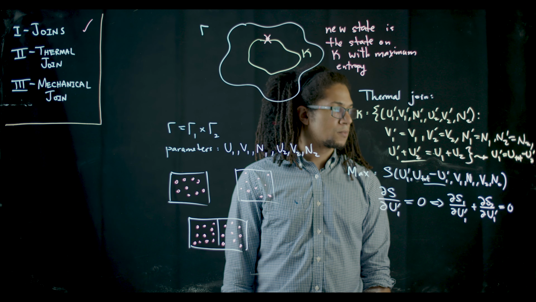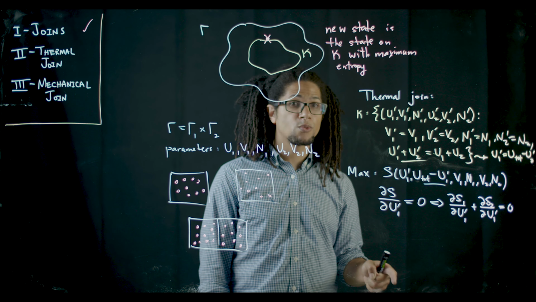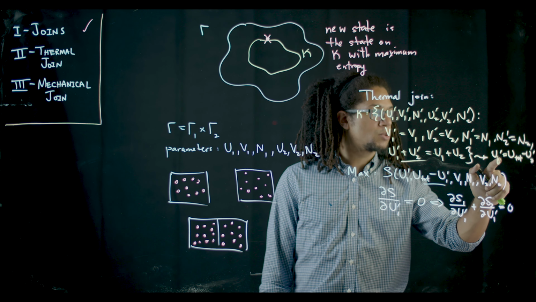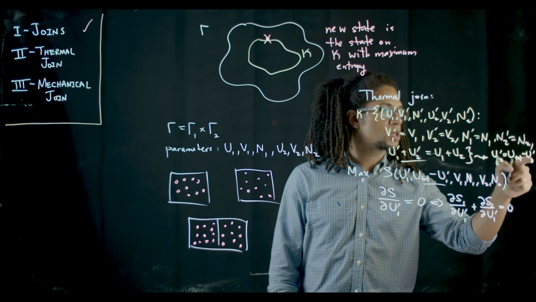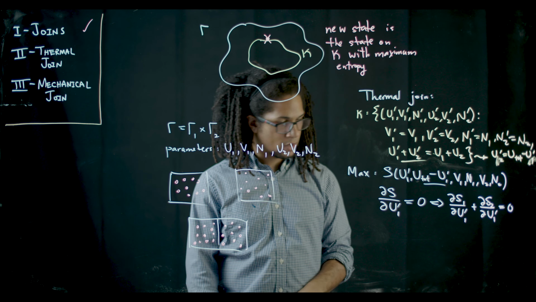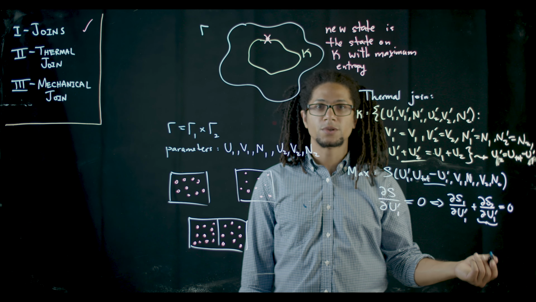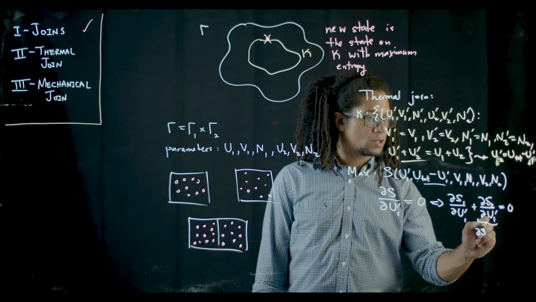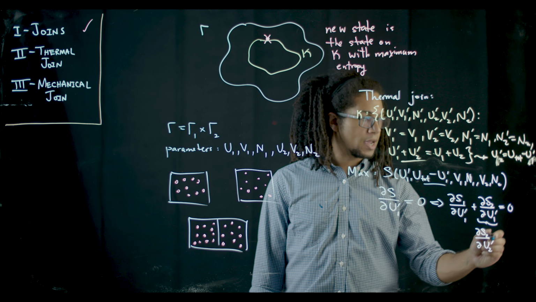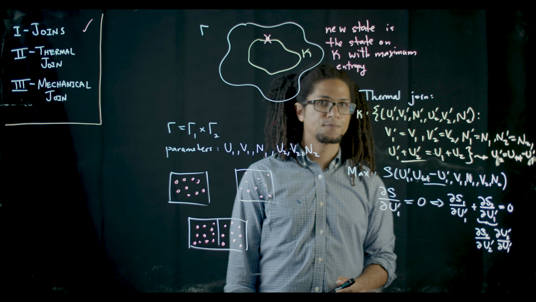Good. So now if I want to take derivatives with respect to u1 prime, I can use the chain rule to do it. And actually, I'm realizing, sorry, I should have flipped these around, and this should be u2 prime as a function of u1 prime for a reason that will become clear in just a moment. So I'm going to take this second term and decompose it using the chain rule. So this will be partial S2 partial u2 prime times partial u2 prime partial u1 prime.